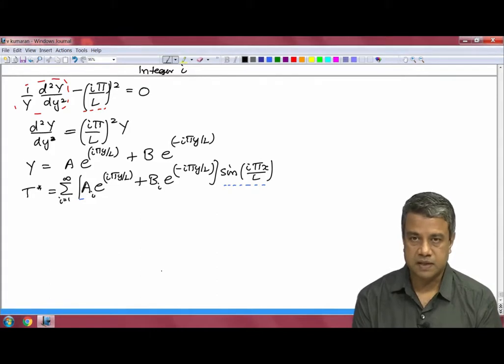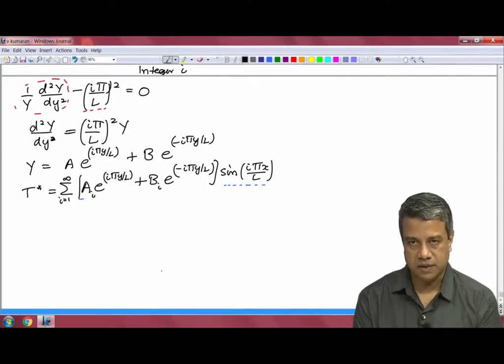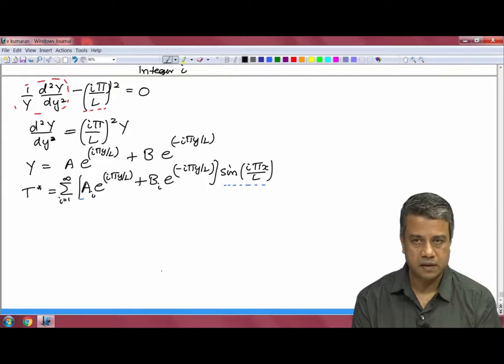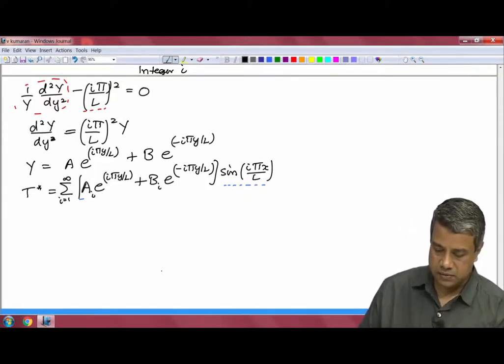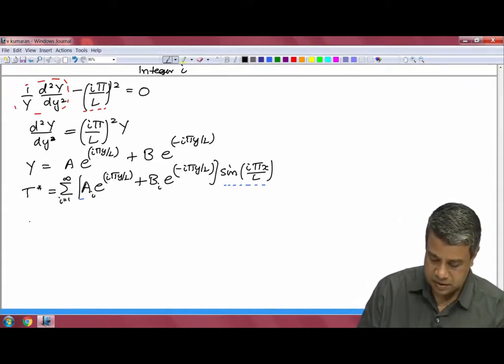We have not yet satisfied the inhomogeneous boundary conditions at y equal to 0 and y equal to L. So, the coefficients will be determined from satisfying those conditions. What are the inhomogeneous boundary conditions?